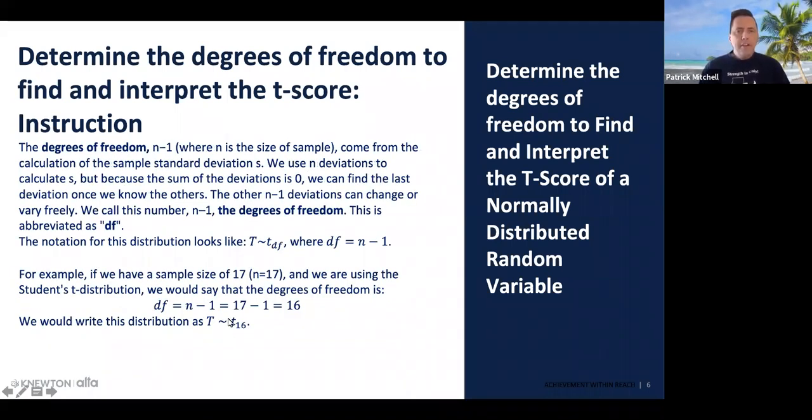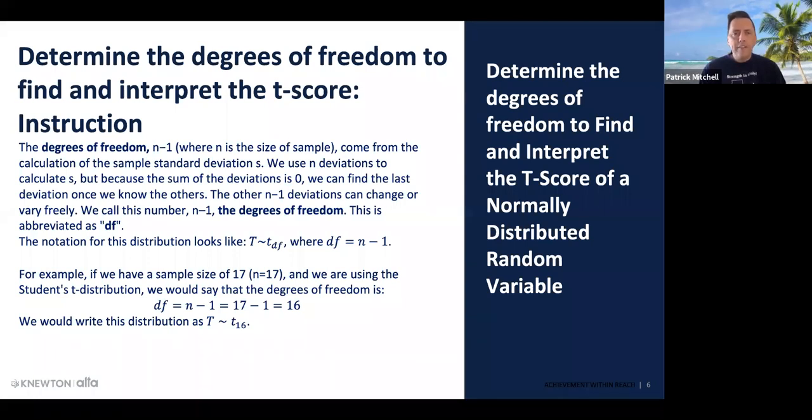So a little bit about the degrees of freedom. The degrees of freedom in this case is n-1, where n is the size of the sample. That comes from the calculation of the sample standard deviation S. So if you think about how we calculate standard deviation, well, with one version of the formula, we find the mean of the sample, and then we subtract the mean from each value in the sample, and those are called deviations.